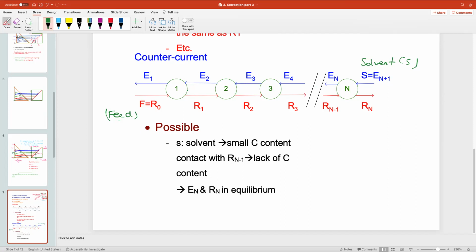The countercurrent extraction, of course, is possible because the solvent will contact with the RN, and then the EN and also RN would be in equilibrium.